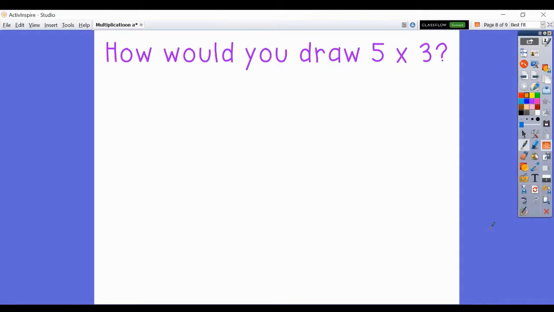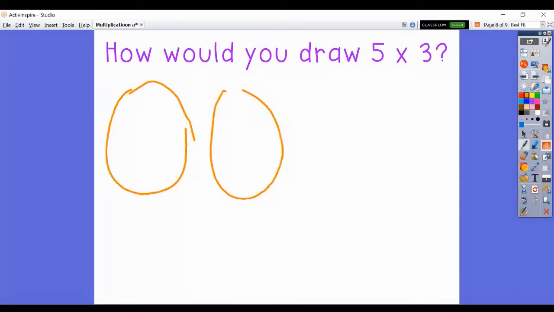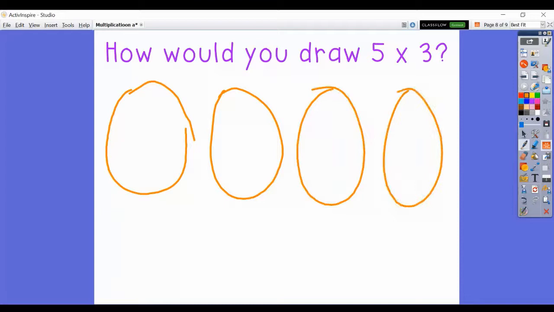The next problem we're going to look at is how would you draw 5 times 3? When we look at this, we see 5 groups of 3. So I'm going to make 5 groups: 1, 2, 3, 4, 5.